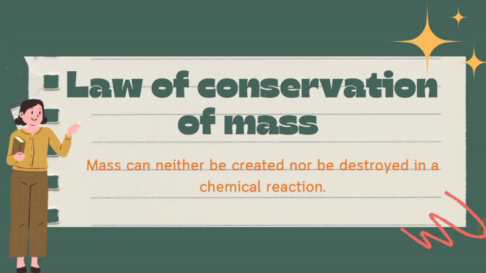That is why all chemical equations are generally balanced. In simple words, the total mass of the elements present in the products of a chemical reaction has to be equal to the total mass of the elements present in the reactants. That is the reason we balance chemical equations. I hope this is clear to you.